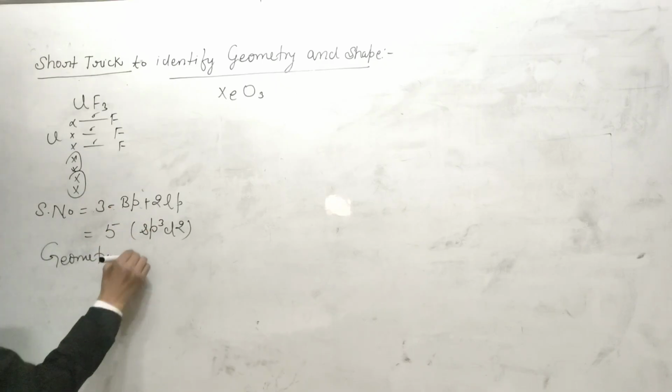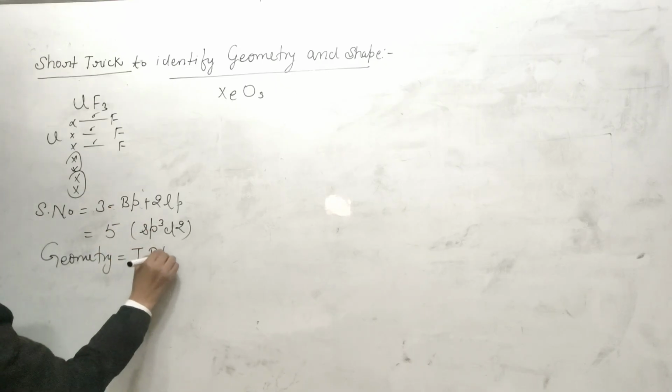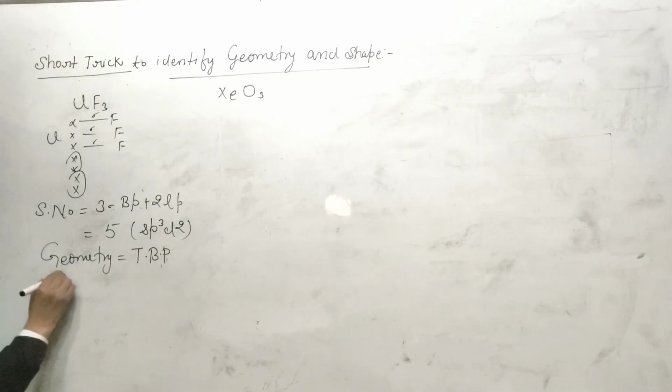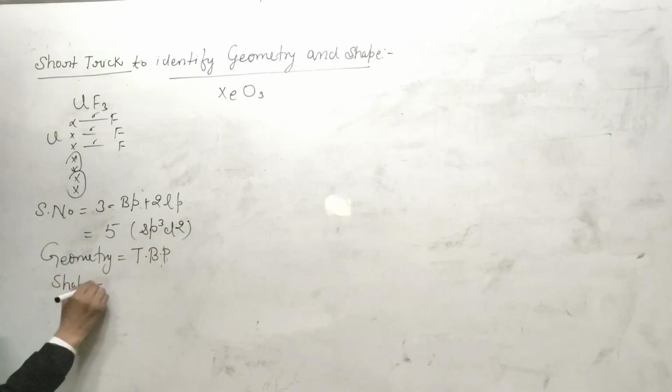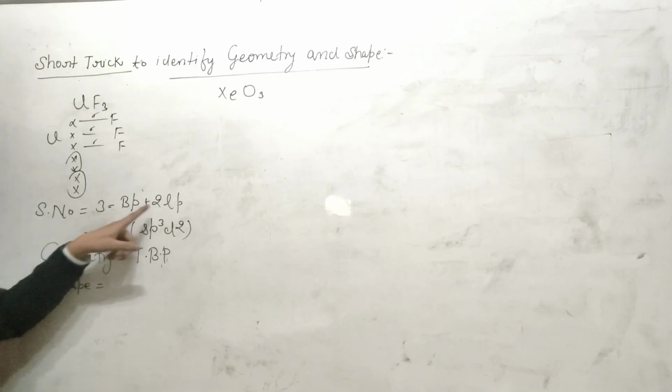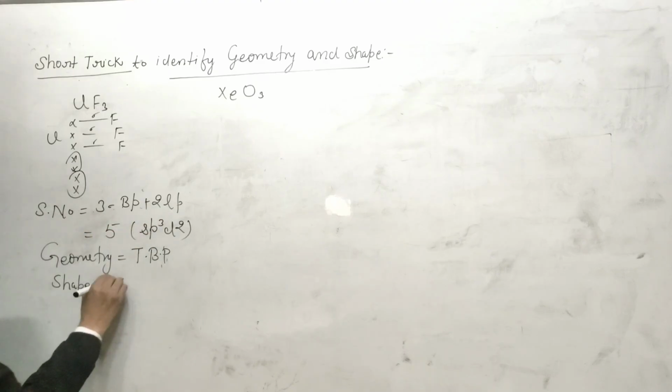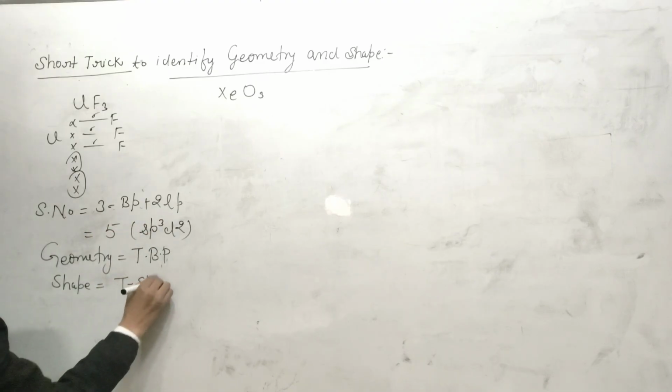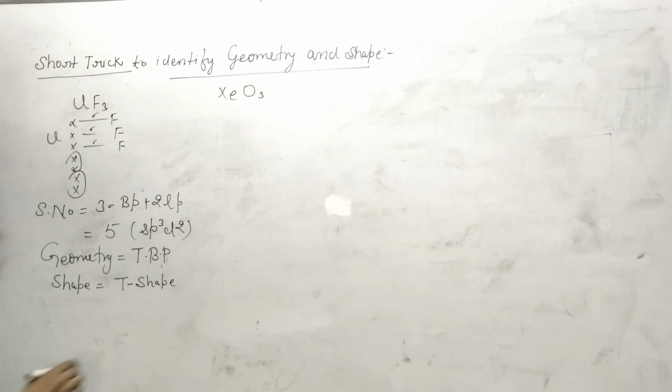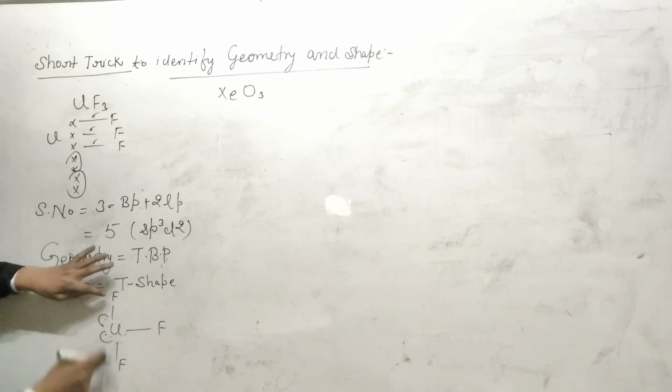So 5 means TBP, trigonal bipyramidal, and the shape, 3 sigma bonds plus 2 lone pairs, means it is T shape. So its geometry will be like this: Cl, this is F, and this is 3F. It is T shape.